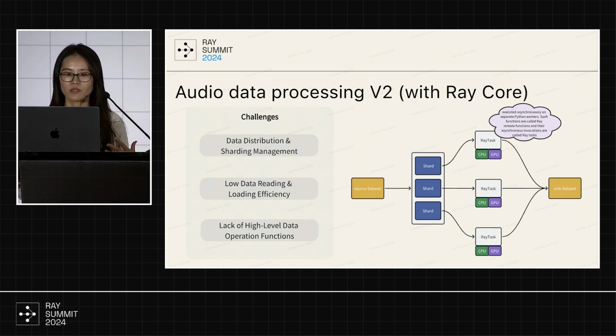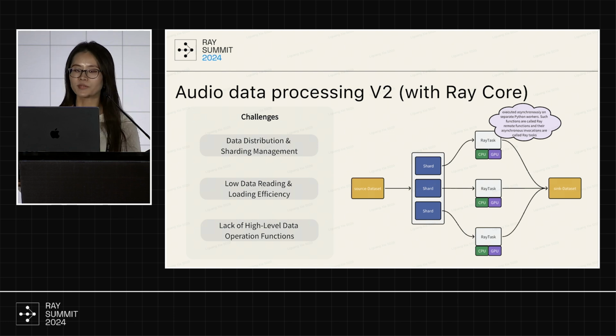You can imagine you just have the distributed computing capability, but the data still has to be handled by yourself. The first issue is data distribution and sharding management. It requires manual management of data sharding and distribution, which not only increases complexity, but also increases the risk of imbalance. The second issue is data reading and loading.